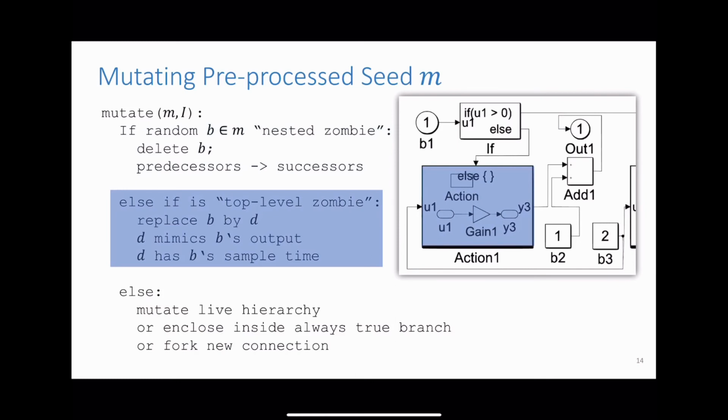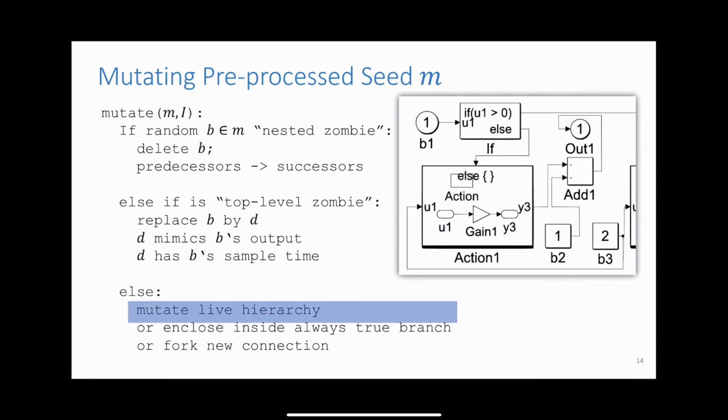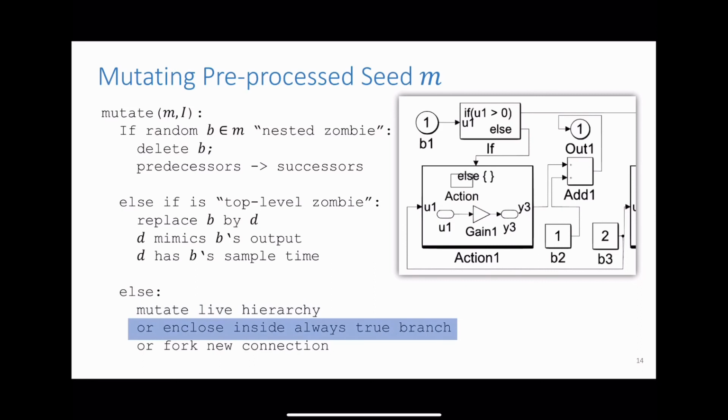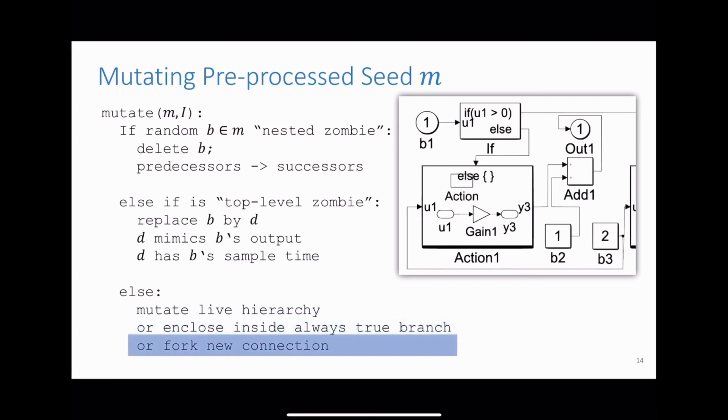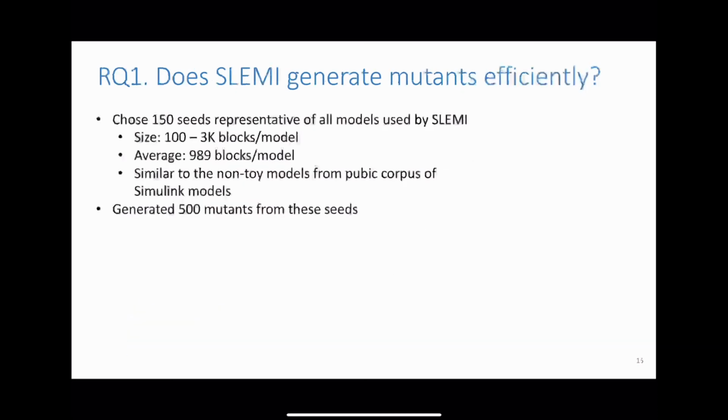That means we have to mutate it in such a way that it mimics the output of the block from the seed. Lastly, we mutate in live hierarchies, or enclose a block in an always true or always false branch, or create new connections from the live areas.